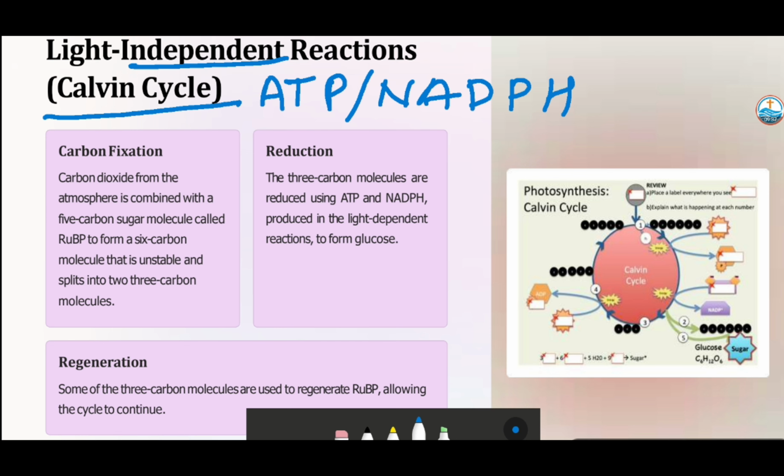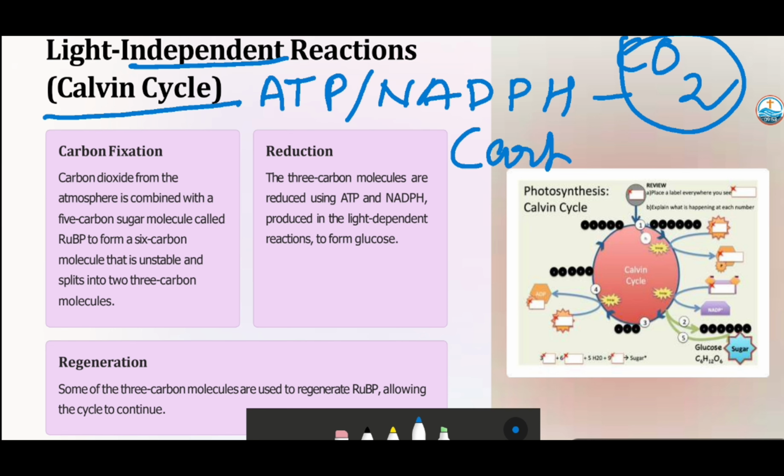What is the purpose of using them here? To convert the carbon dioxide, please note this down, into carbohydrate.